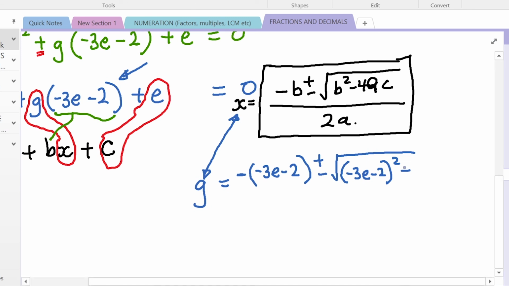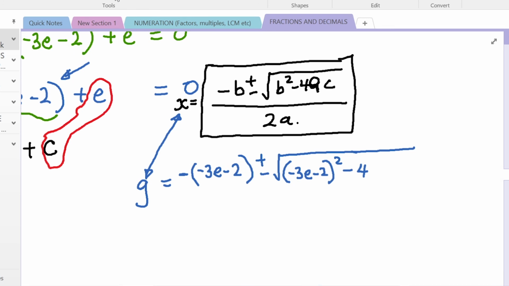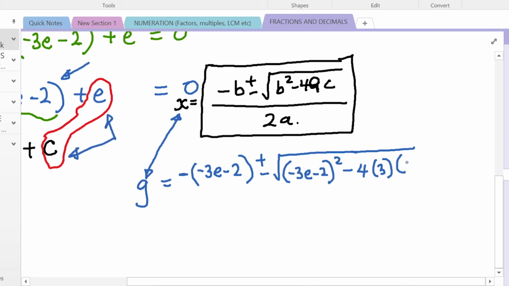So this is going to become minus 4 times our value of a. Our value of a, we can see from here, is 3. So that is minus 4 times 3 times our value of c, which is e, times e. Then divide that all by 2a, that is 2 times a.